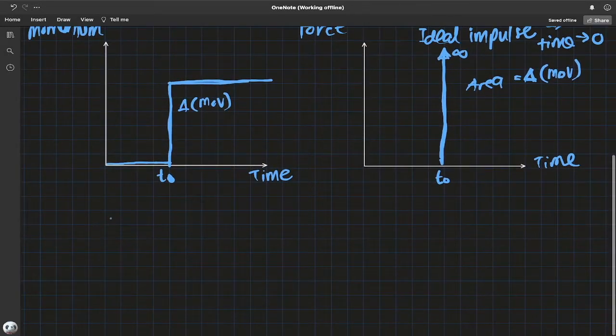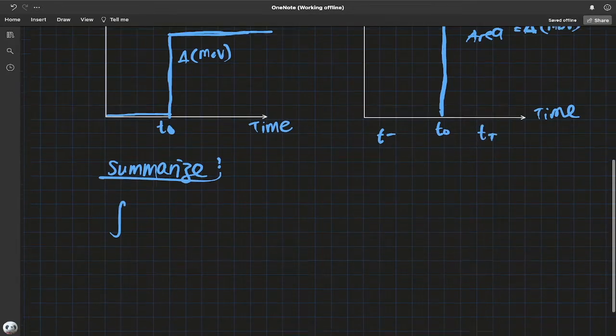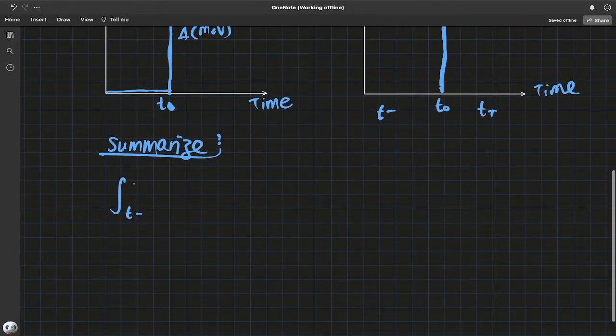So to summarize all that we did on top, consider this region, say t minus, and this region t plus. The integral from t minus to t plus, where t minus is from negative infinity to t0, and t plus is t0 to positive infinity, of f of t dt.